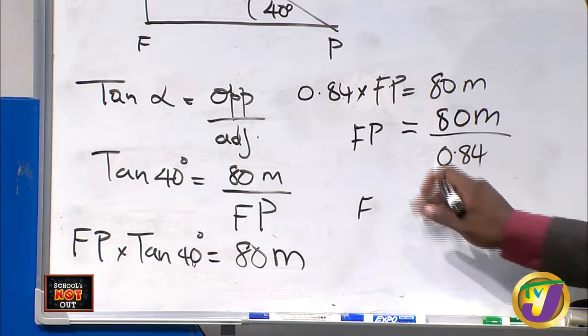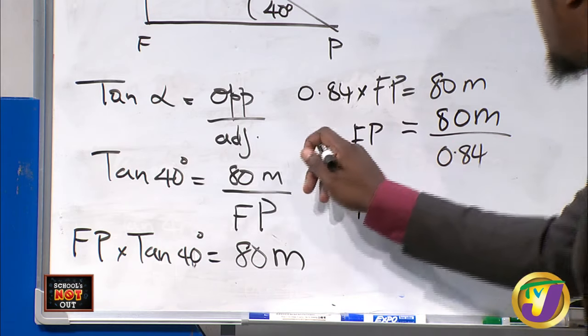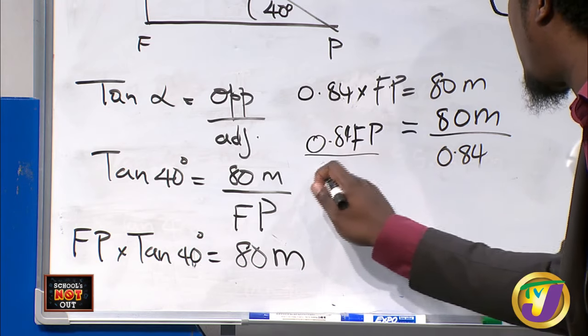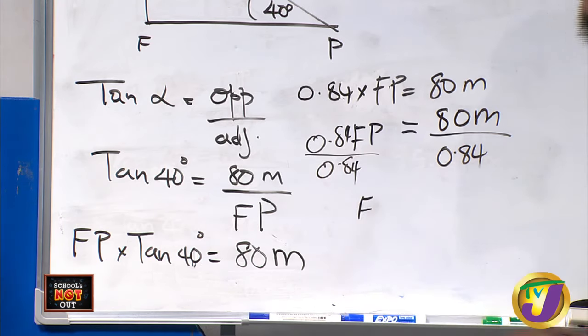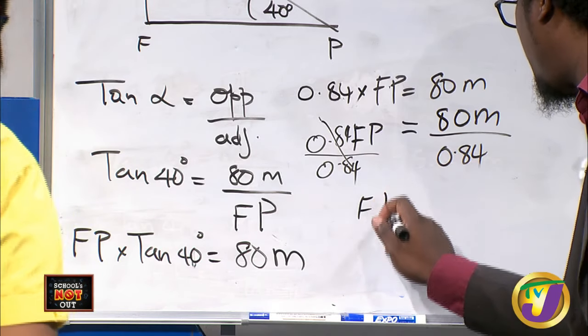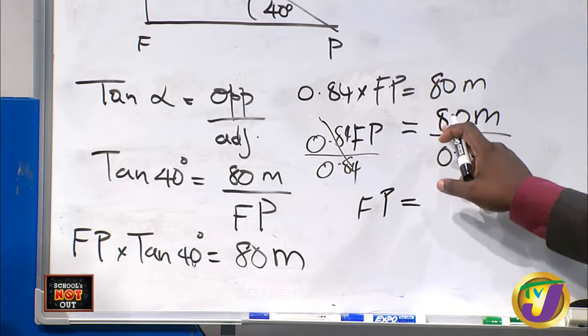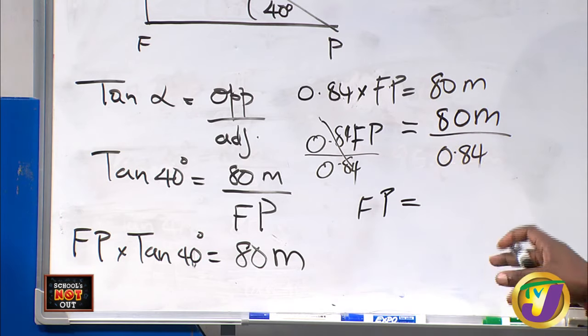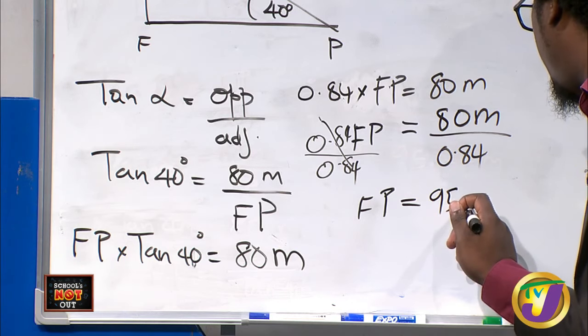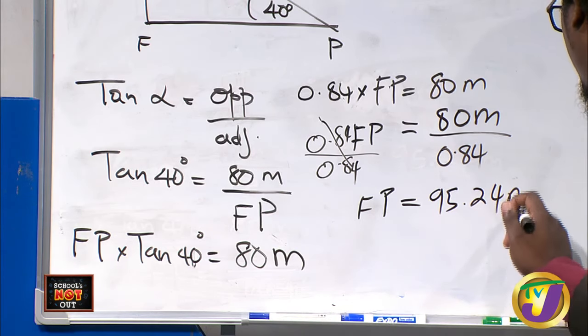The 0.84s cancel, leaving me with FP equal to 80 meters divided by 0.84, which gives a result of 95.24 meters.